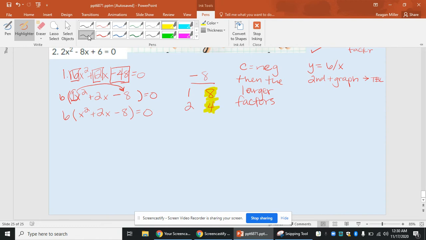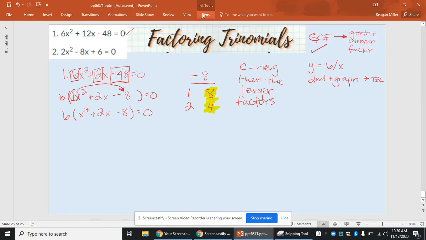Your larger factors are going to take the sign of B. So my B value right here, my B value is positive. So my larger factors will take the positive sign and my smaller factors will be negative. Now this only works if C is negative.